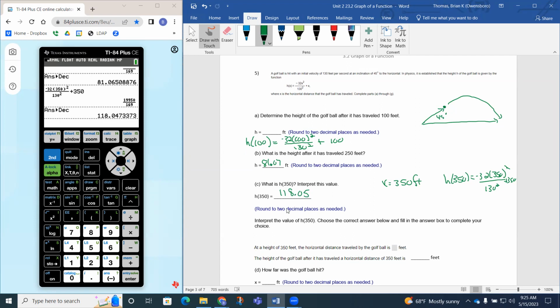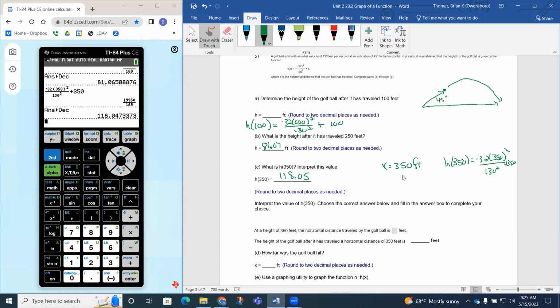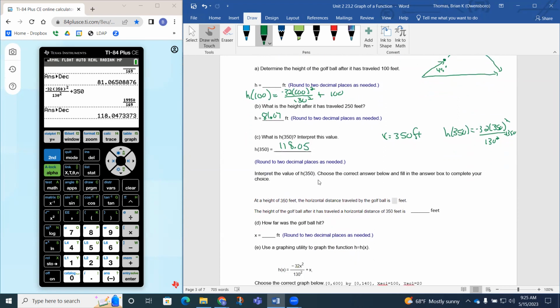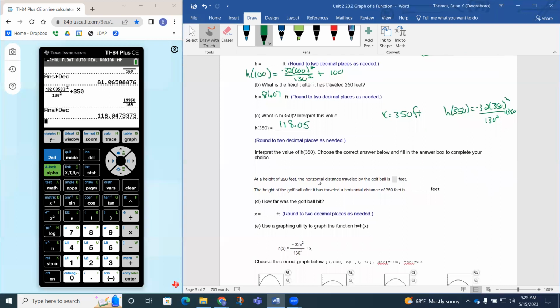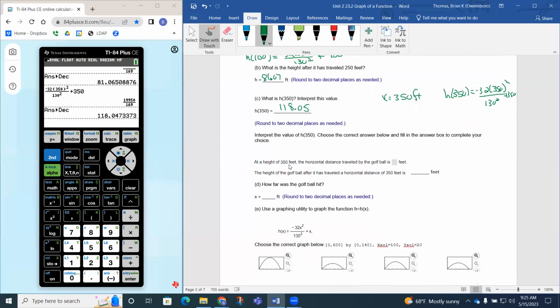Now, as far as what that means is, the 350 is how far I traveled, and the 118.05 is the height above the ground. So if we're trying to interpret this value, at a height of 350, the horizontal distance traveled by the ball is that. No, well, the height is actually the 118, so that's backwards.